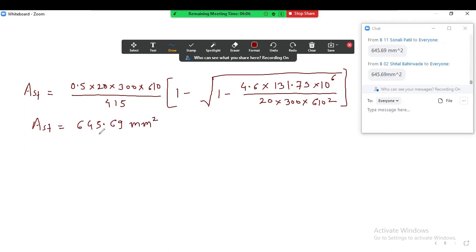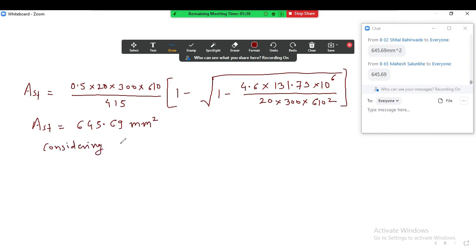Please check the answers. 645.69. Okay. Now at the start we have assumed 20 mm bar diameter, which we already assumed while calculating the overall depth. So let us continue that diameter and calculate the number of bars.